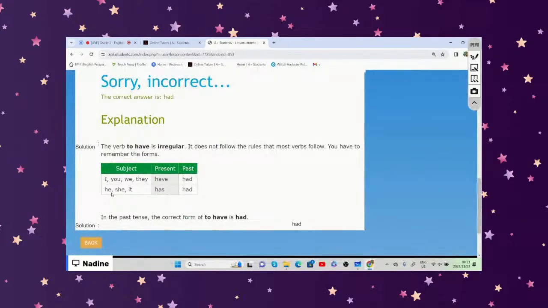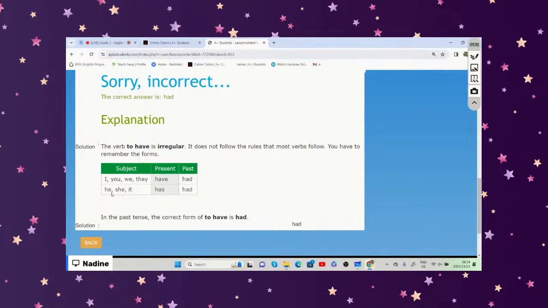Now the verb to have is irregular, and it does not follow the rules that most verbs follow. You're just going to have to remember the forms.